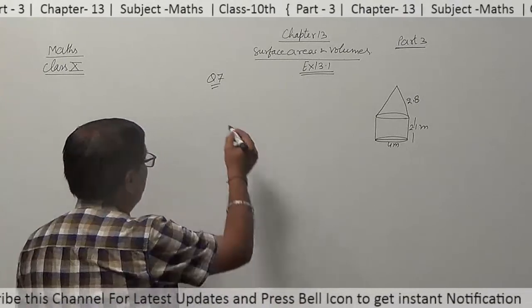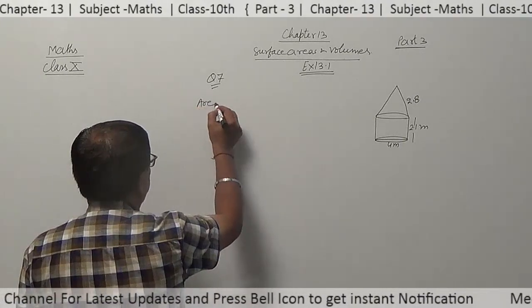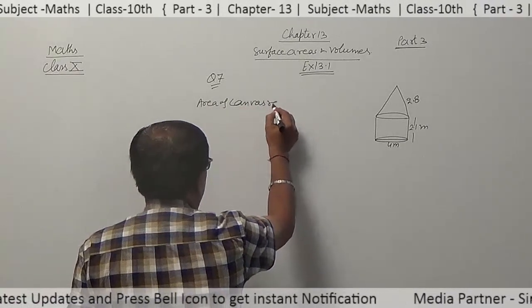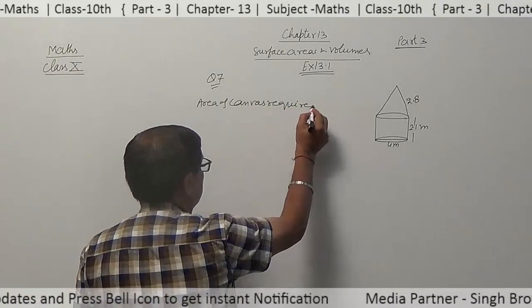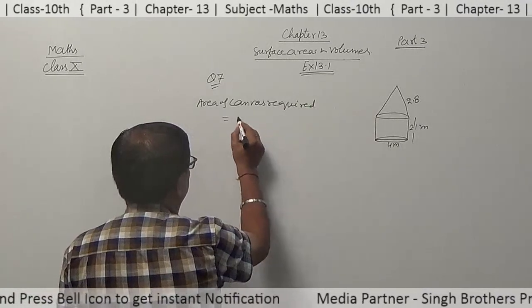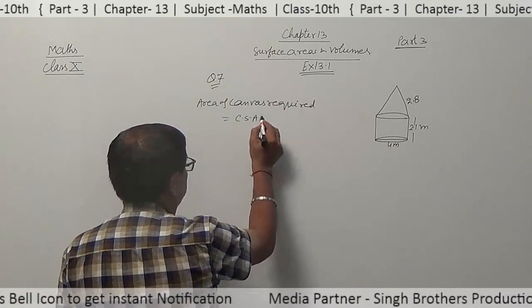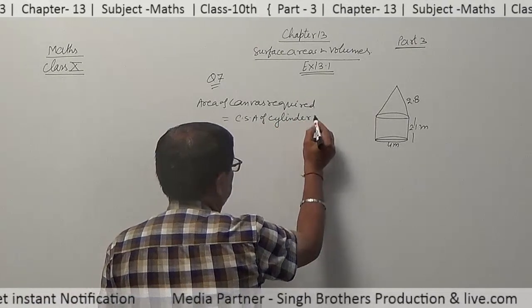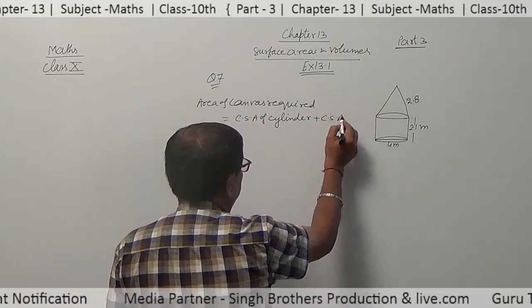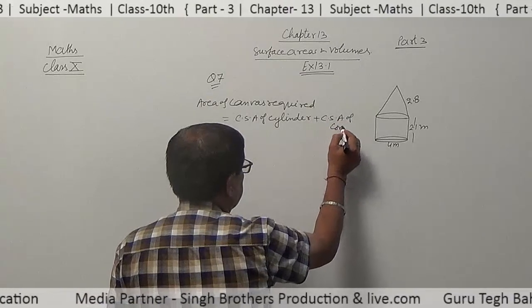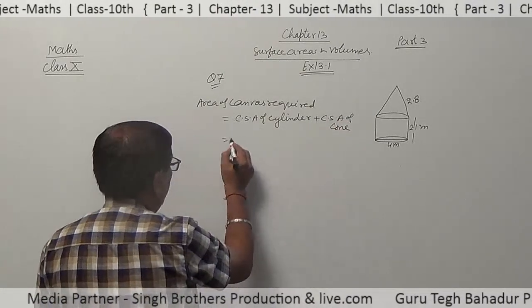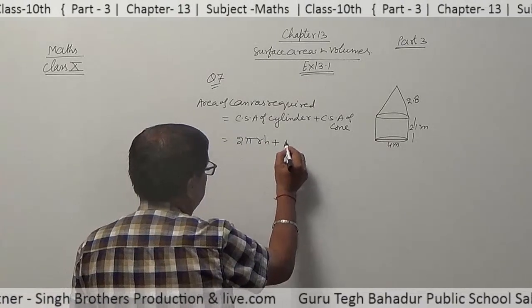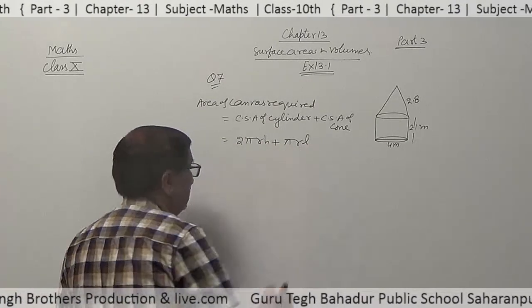So, area of canvas required is equal to curved surface area of cylinder plus curved surface area of cone, that is 2 pi rh plus pi rL.